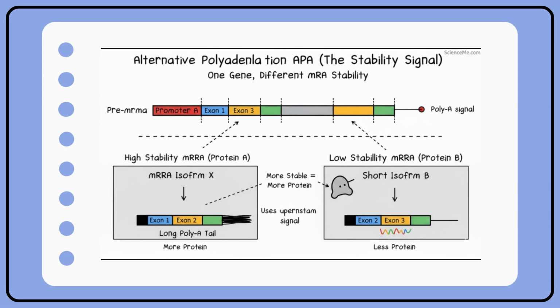And also, alternative polyadenylation can affect the translation efficiency, which is how quickly the mRNA molecule is converted to protein. So, alternative polyadenylation lets the cell control the amount of protein being produced, not just the type of protein, which can be achieved through alternative promoters.